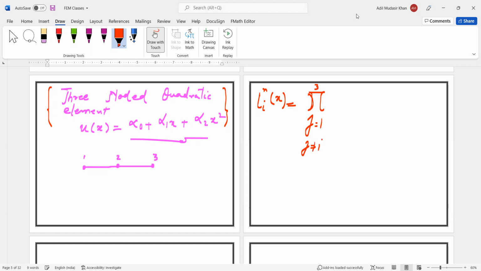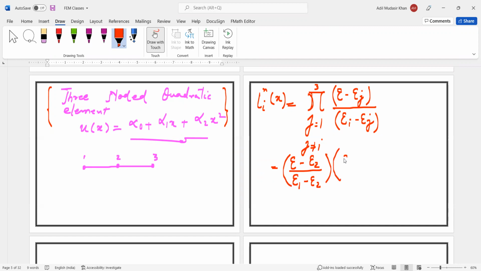Okay, j should not be equal to i. Now we have three nodes, so it will be equal to (zeta minus zeta 2) divided by (zeta 1 minus zeta 2). This will be the first term.